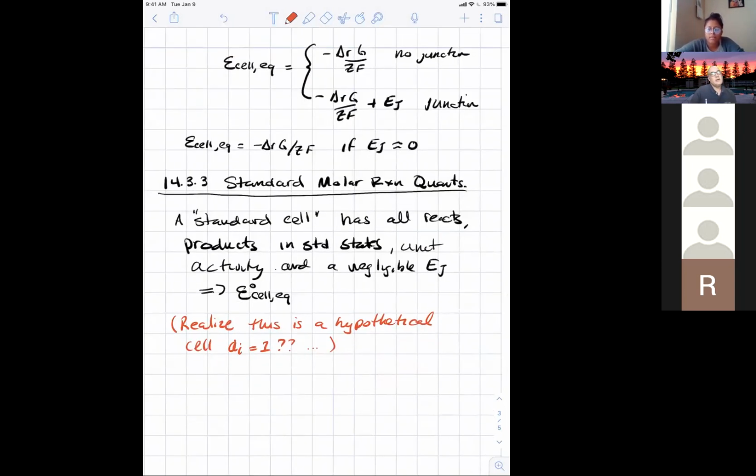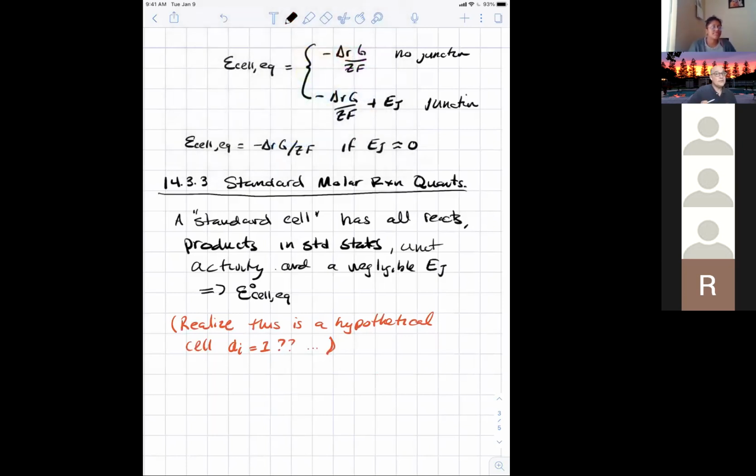In freshman chemistry, we would say we just have 1 molar concentrations and 1 atmosphere of pressure. But when I teach this to freshmen, I tell them that even if you made a 1 molar concentration of everything and 1 atmosphere of pressure in a standard hydrogen cell and measured the voltage, you would not get the cell voltage that you would find in a book. You just wouldn't. And now we know why, because standard states are really hypothetical states.